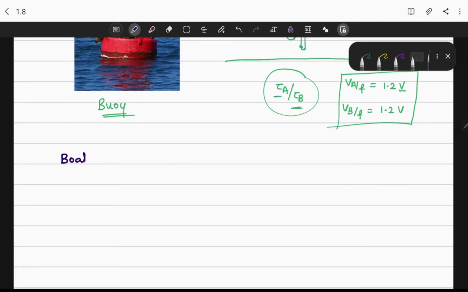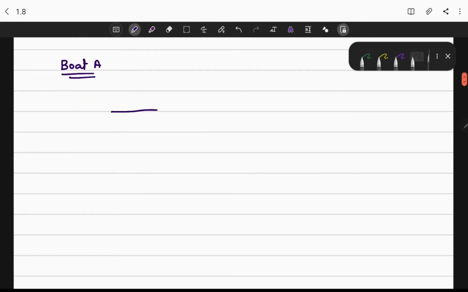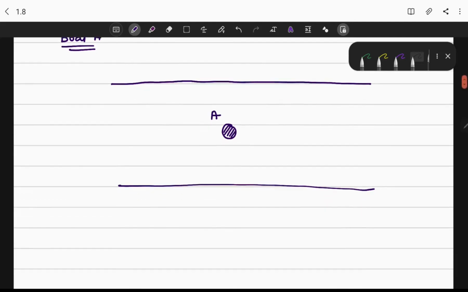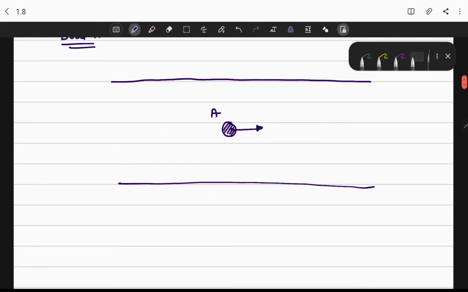So let us consider boat A. This is the river, and in this river boat A has started from the middle in the direction of the flow.